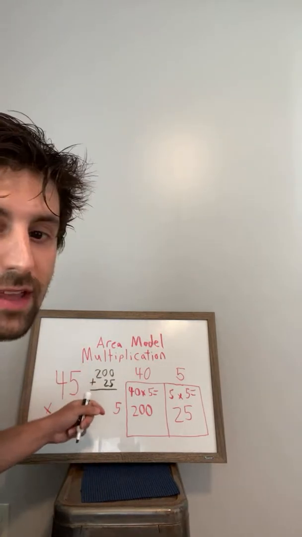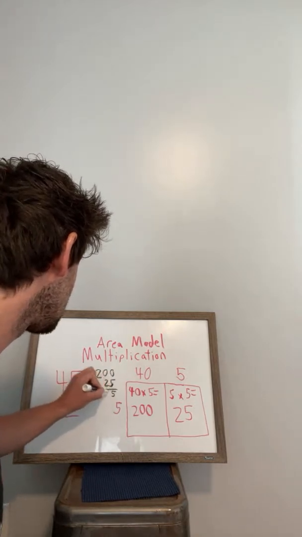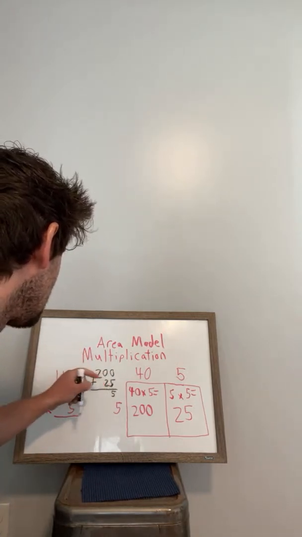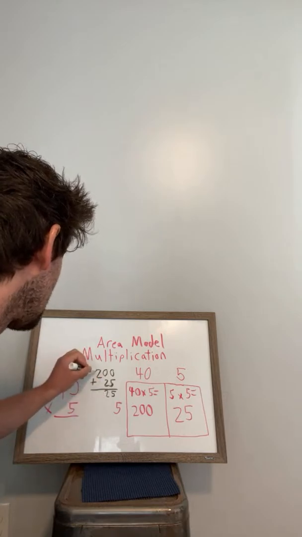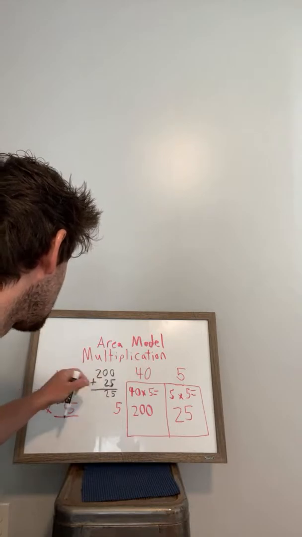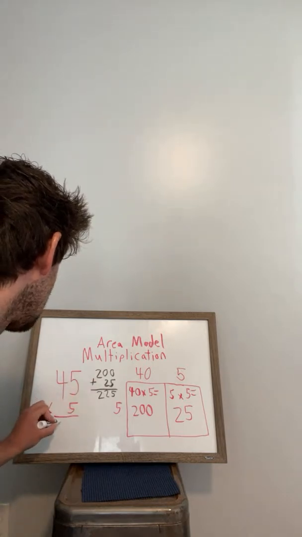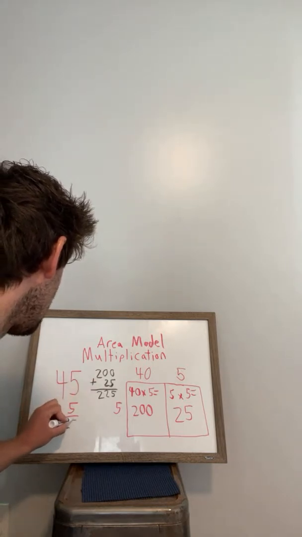Remember to line up the numbers, that's also very important. So 1's place, 0 plus 5 is 5. 10's place, 0 plus 2 is 2. 100's place, when there's no number here, we assume that the number will be 0. 2 plus 0 is also 2. So our answer is 225.